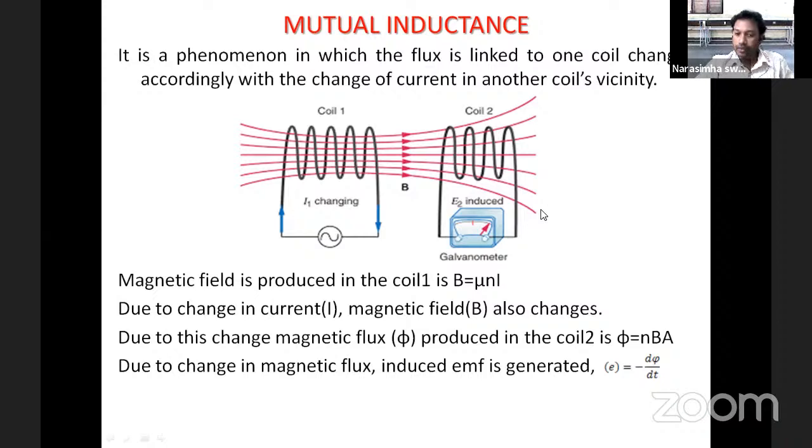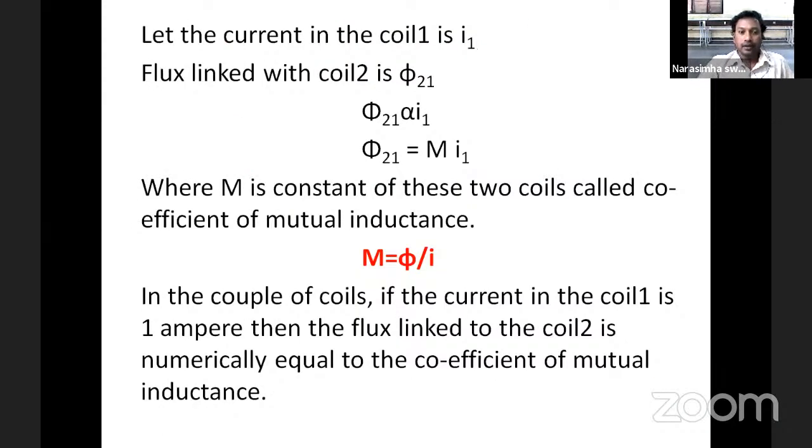So how is it changing here? Coil 1 is creating changing flux, and coil 2 creates an induced EMF. We are representing this mathematically. Let the current in coil 1 be I1, I suffix 1.